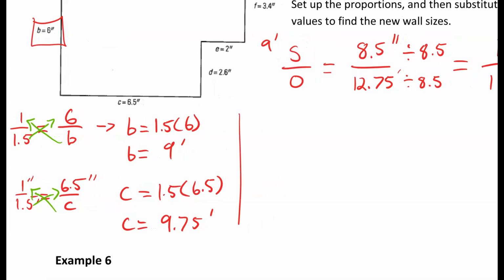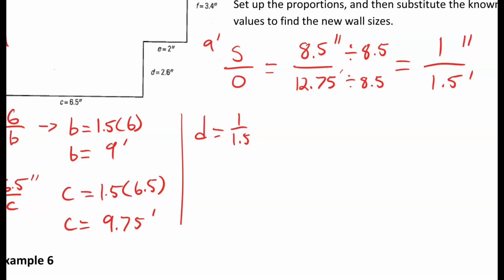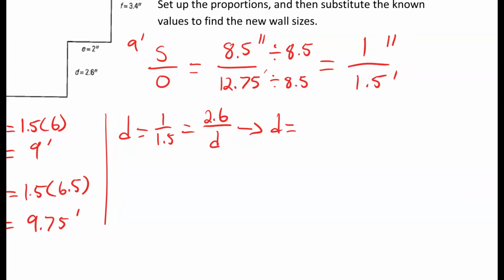Now we can calculate for D. So we'll have the same ratio of 1 over 1.5, because that's our scale factor, is equal to, D is 2.6 here, and that's 2.6 inches, so that goes on top, over D. We do our cross multiplication, we get D equals 1.5 times 2.6, so D is equal to 3.9 feet.